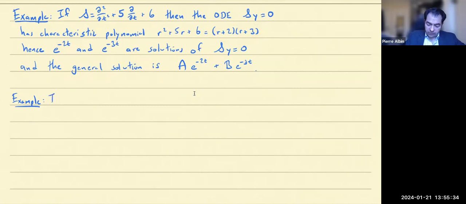So let's say curly T is the differential operator that takes 2 derivatives, subtracts 4 times 1 derivative, and then adds 4.